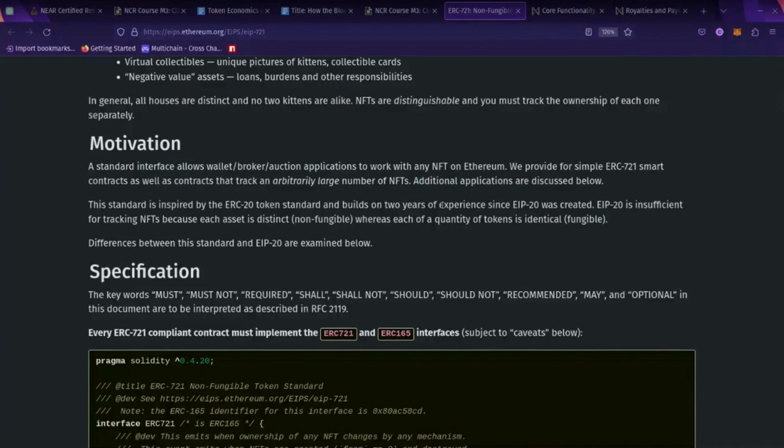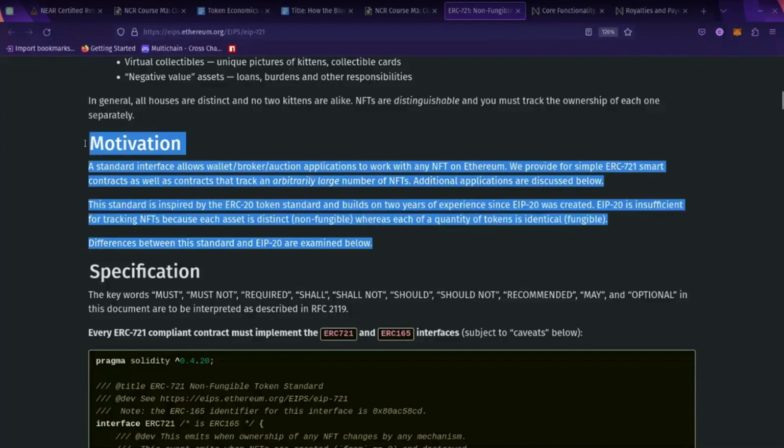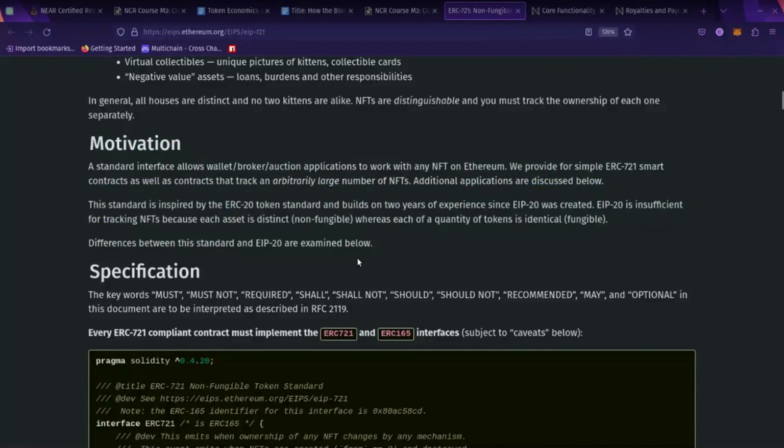This specification will not only tell you the technical aspects of what the standard does, but also why they created it, which I think is really helpful as researchers, to understand why it was created and whether it is bringing about these applications now. This standard is inspired by the ERC-20 token standard, which is the fungible token standard.